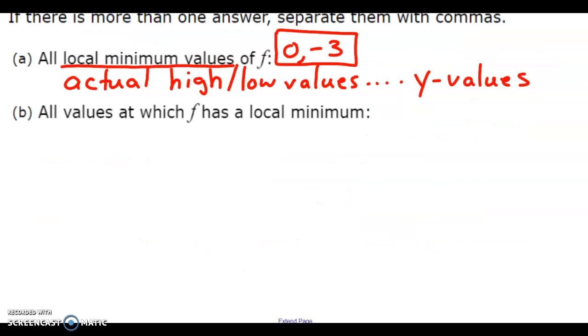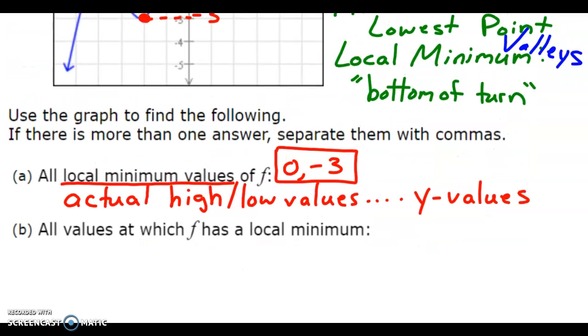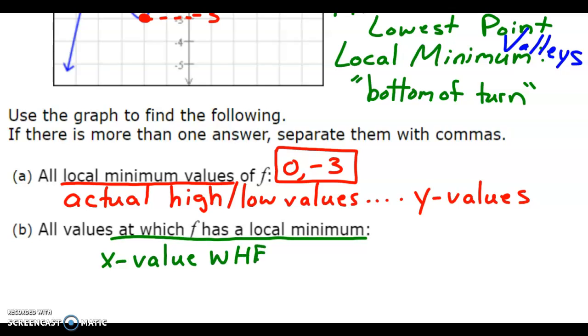So then when they ask the question, all values at which f has a local minimum, that's the x value of where those minimums are happening.